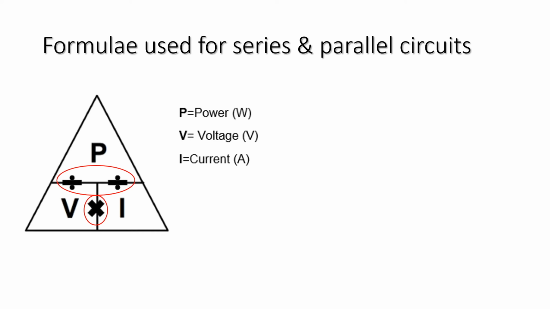So if we want to calculate power, P is equal to V times I. Voltage is V is equal to P divided by I. And current is I is equal to P divided by V.